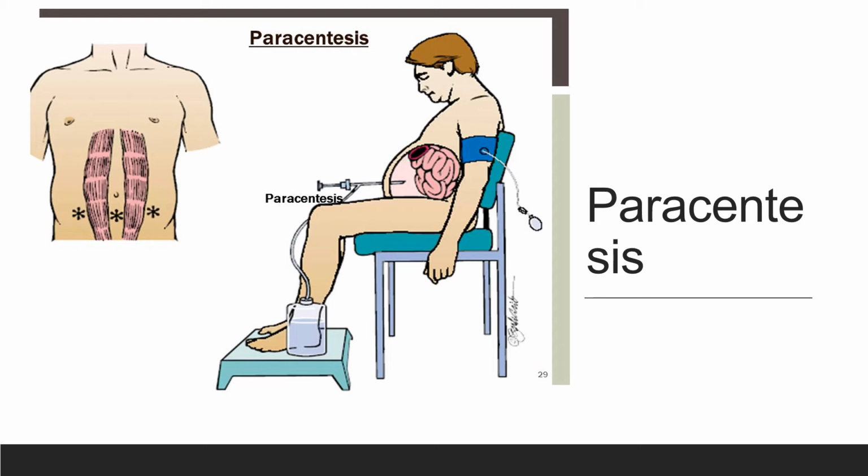This is primarily used, and also used for diagnostic purposes, in addition to massive ascites. Or it may be used prior to starting peritoneal dialysis or surgery when nutritional and diuretic therapy has failed to reduce the amount of ascites that a person has.